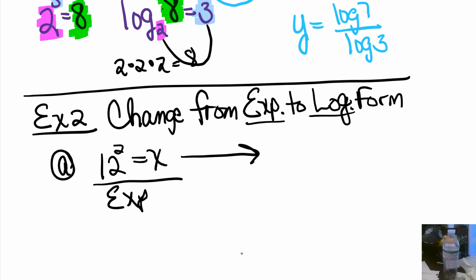So this is going to become log base 12 of what number? In this case, this would be the x, is equal to 2. Again, if you follow the pattern, the color code will help you match that.